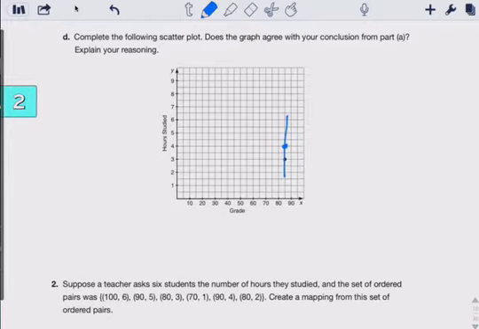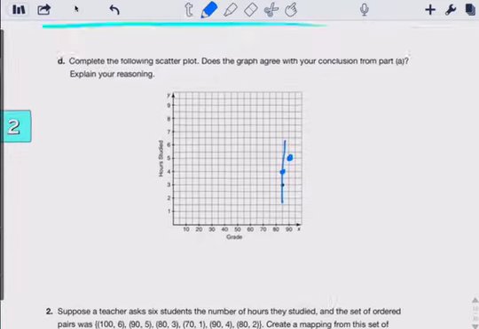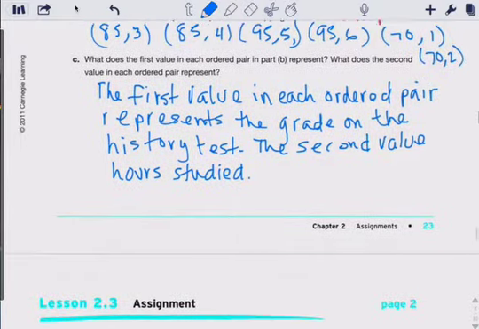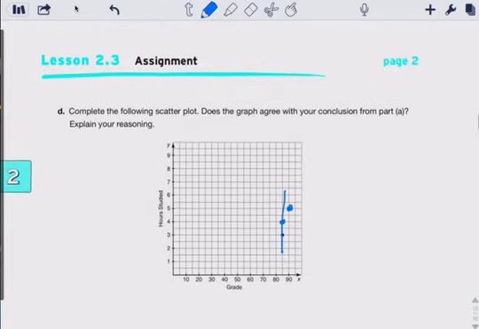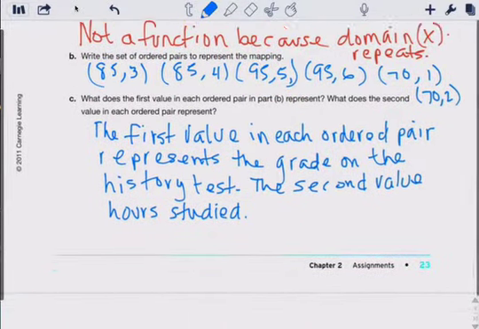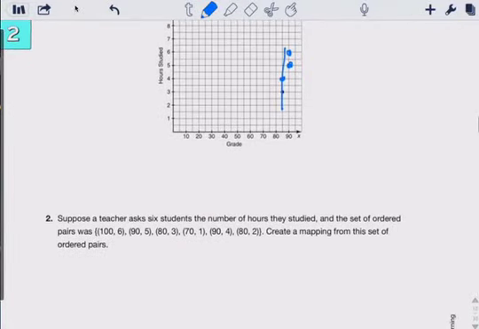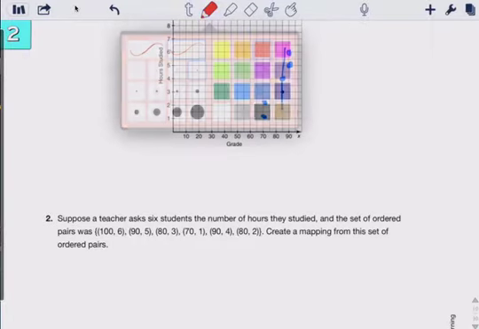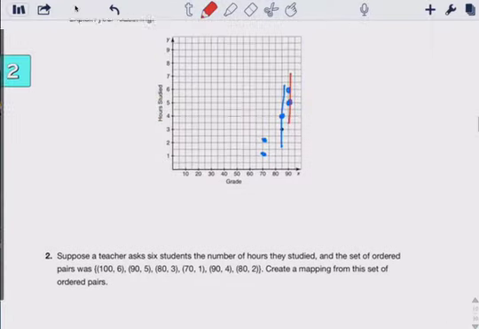95, 5, 95, 6, 70, 1, and 70, 2. Nope, wrong spot. So in many places, it did not pass the vertical line test.